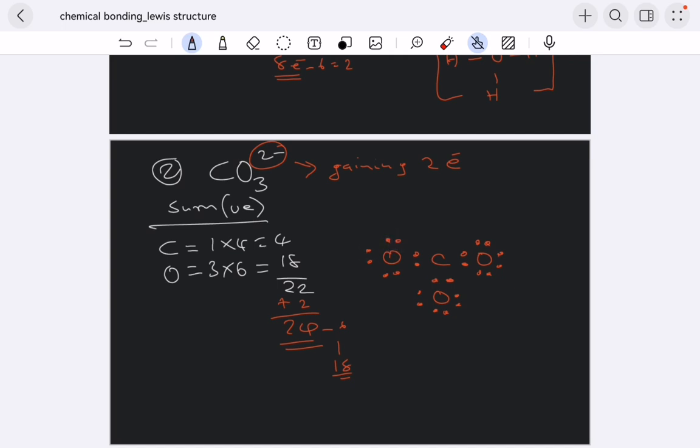Now, when you look at this particular compound, you will realize that the carbon only has 6 electrons, meaning it's unstable. So for this carbon to become stable, we have to do a resonance where a pair of electrons is taken there.